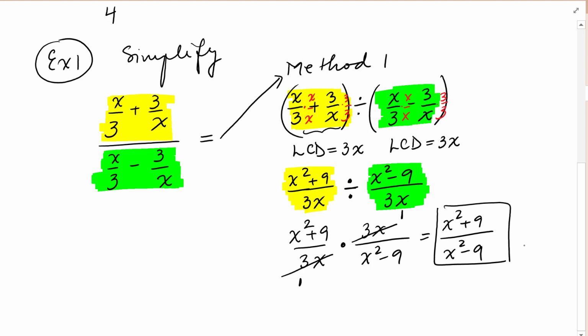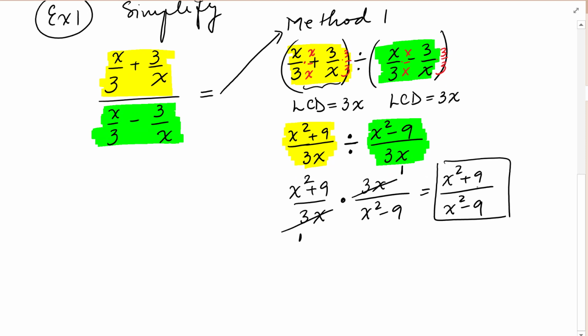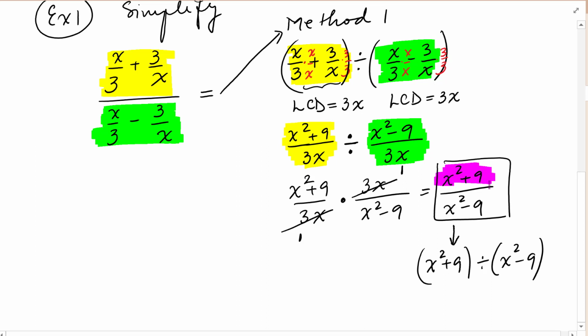We cannot divide x squared by x squared, and we cannot divide 9 by 9, because what this actually means is x squared plus 9 in parentheses divided by x squared minus 9. So obviously we cannot divide x squared by x squared since we have the parentheses to do first. So the final answer is this one.